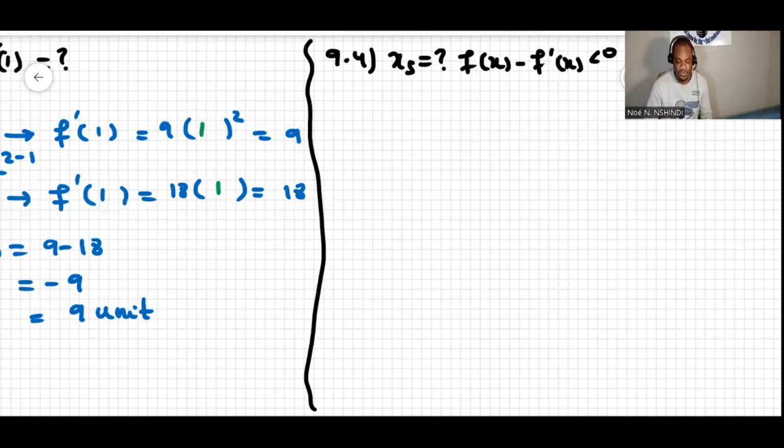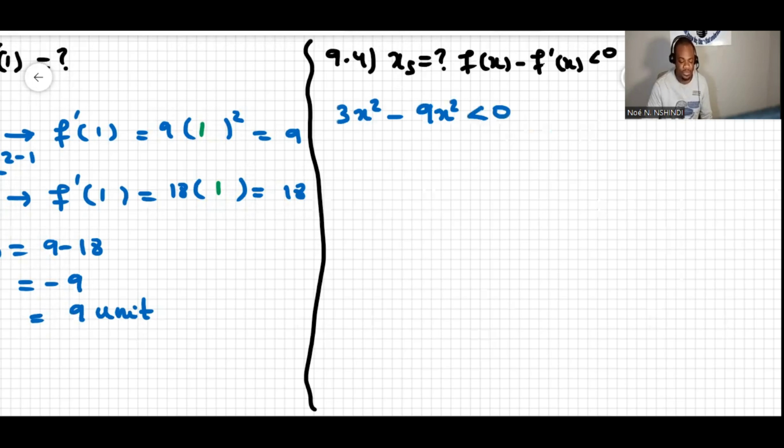Now let's do that. We have f of x given by 3x to the power 3, and f prime of x is 9x squared, as we did earlier. It's lesser than 0.